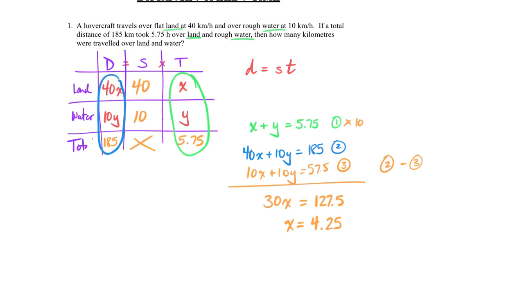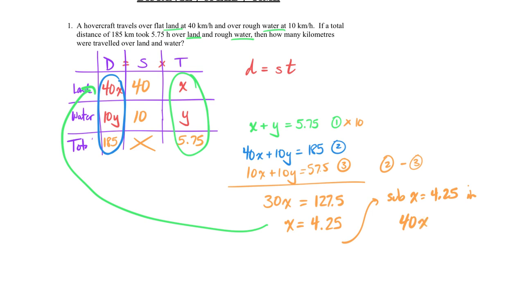So since we found that x equals 4.25, let's go ahead and sub it back into my distance that contains x. So my next action then is going to be, I'm going to sub x equals 4.25 back into 40x. That's going to give me my 40 times 4.25. And when I get my 40 times 4.25, that's going to give me my 170 kilometers. And you'll notice that lines up with what we found out before.